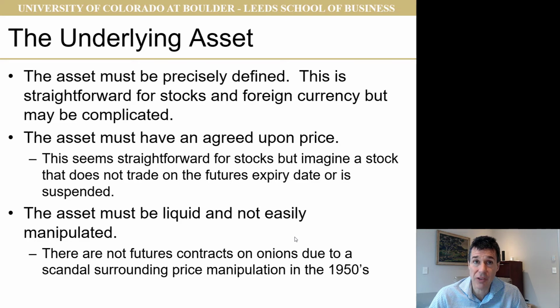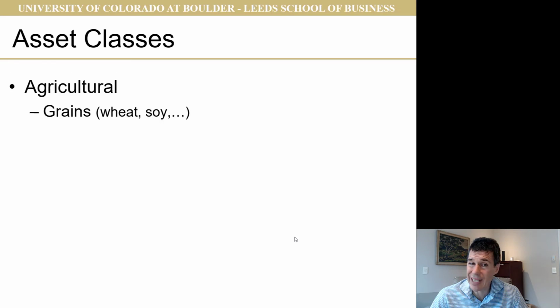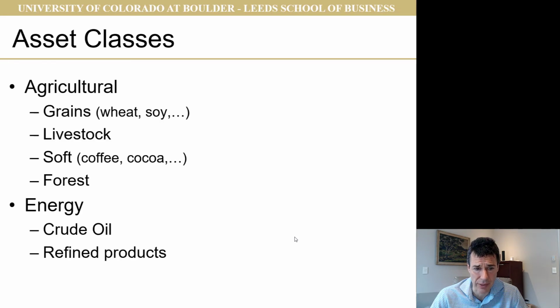And so it was decided to get rid of the futures contracts on onions because that market price could be easily manipulated. People have tried to manipulate prices in all sorts of things. So you can go look for all sorts of examples: silver and aluminum and all sorts of products where people have tried to manipulate prices and then use futures contracts as a mechanism for making money from it.